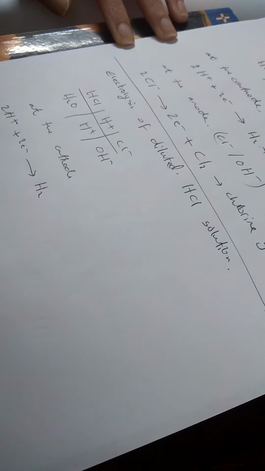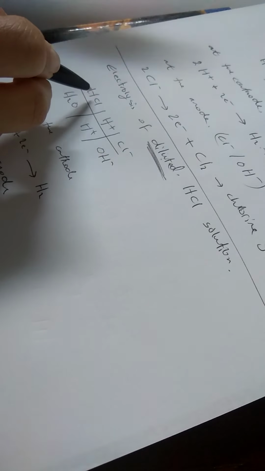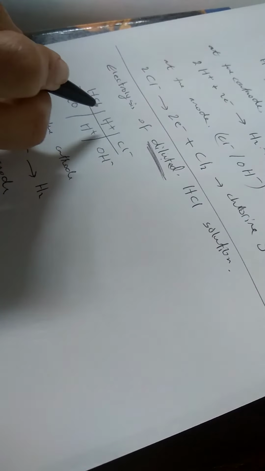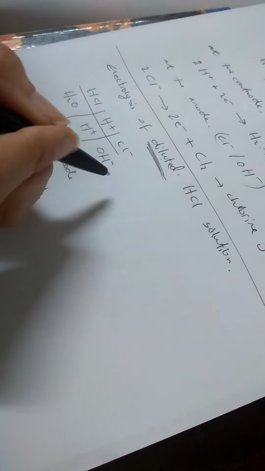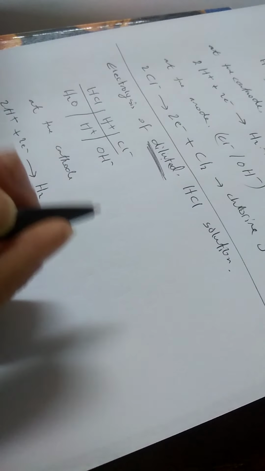But at the anode, remember that in diluted solution, the number of ions of the electrolyte is not enough to be involved in the reaction, so only the water ions will be involved.